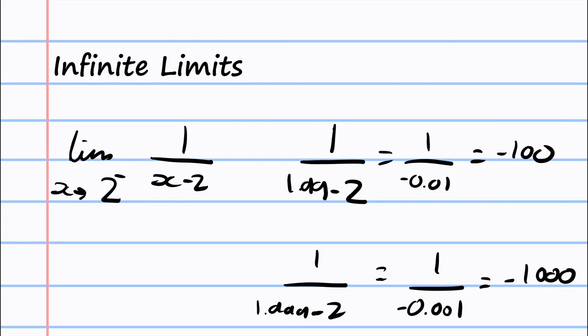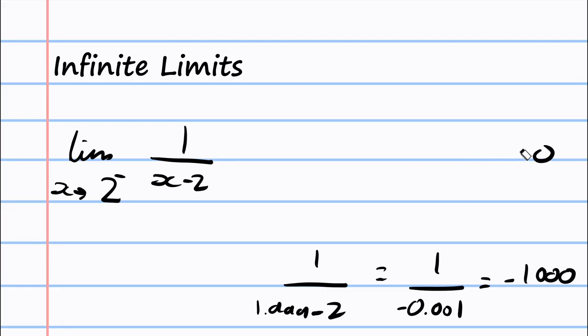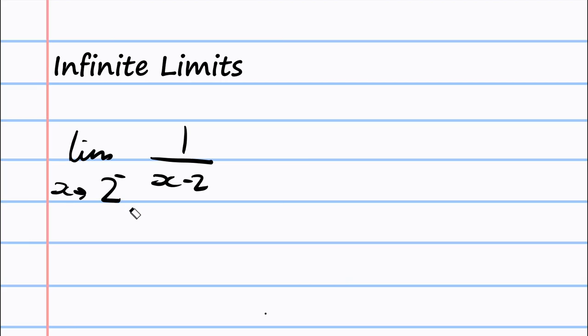Looking at this trend, we can see that the function is going to approach negative infinity, because as x approaches 2 from the left-hand side, the denominator is going to get smaller and smaller in magnitude. That results in this function's magnitude going all the way to infinity.